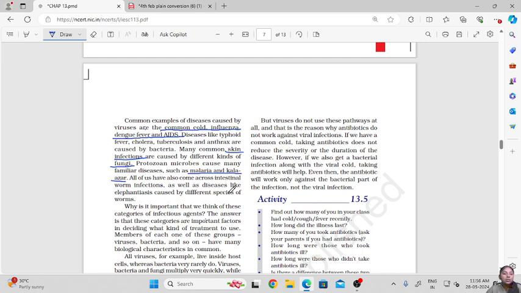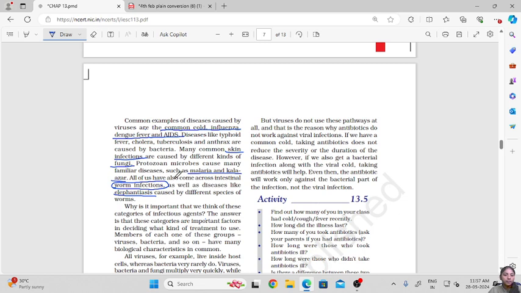Then all of us have come across intestinal worms, as we have already seen that many multicellular organisms such as worms can also cause diseases. So these worms are mostly present in the intestines, and they can cause diseases like elephantiasis, which can be caused by different species of worms.